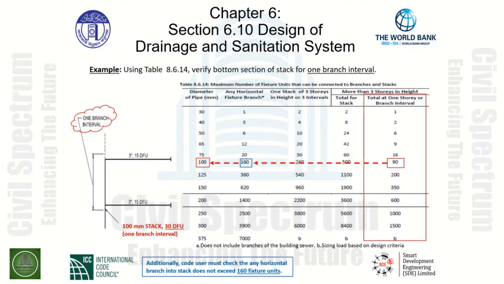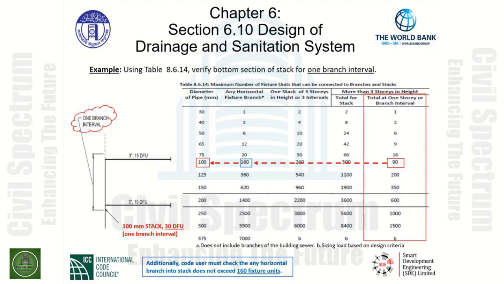As an example, using this table, 8.6.14, verify the bottom section of the stack for 1 branch interval. We apply the table utilizing the last column to the right, titled Total at 1 story or branch interval. From this point, we look at the drawing on the left-hand side. We have 1 branch interval.